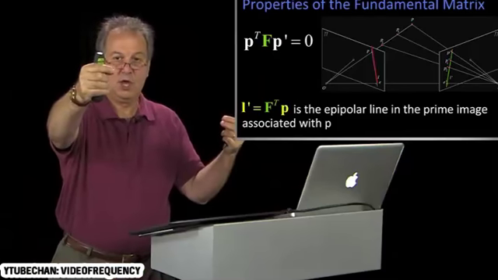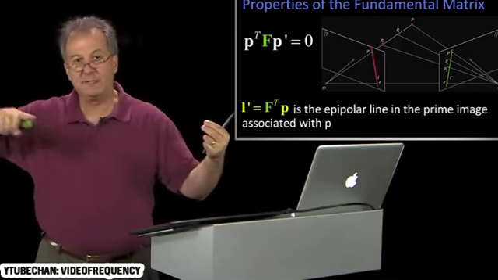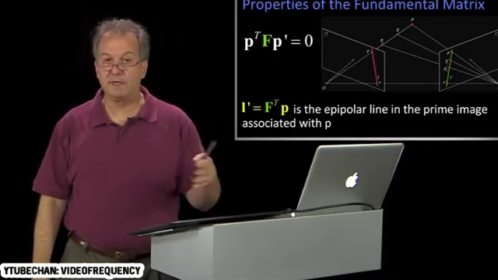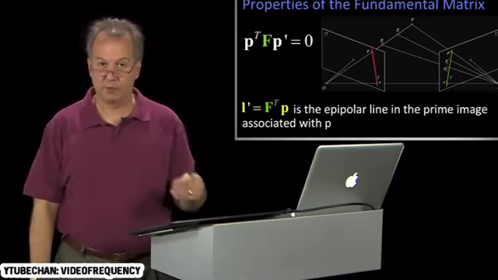That makes sense because F goes through the extrinsics and the intrinsics of the cameras. The only thing I don't know, for some point that I'm seeing in my left image, is its depth along that ray, so it has to be along this line. That was the geometry. So the fundamental matrix equation reduces that geometric constraint to an algebraic one.